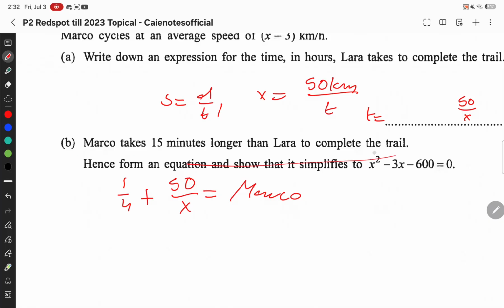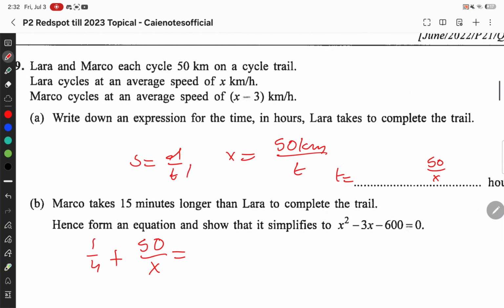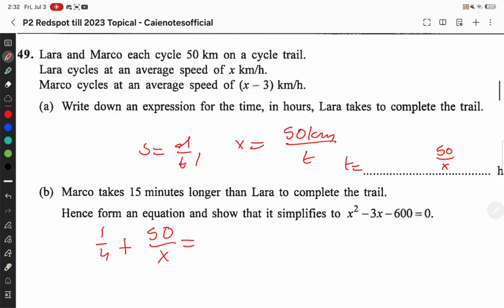Look at the English, look at the equation, tell me they are the same. Now this is in time, this is hours. Marco's speed x minus 3 is equal to 50 over time, so T is equal to 50 over x minus 3. So the time that Marco takes is 50 over x minus 3.